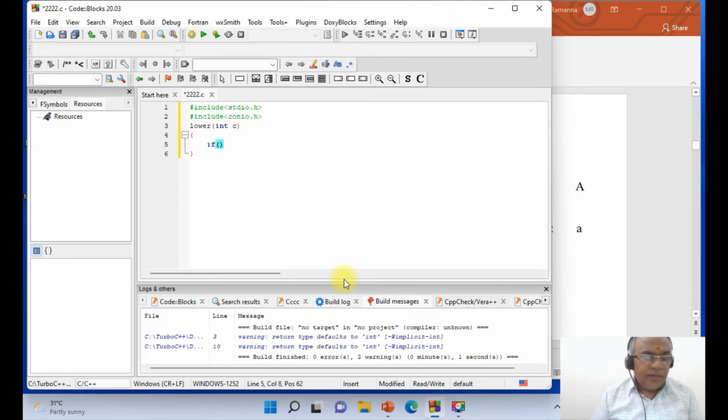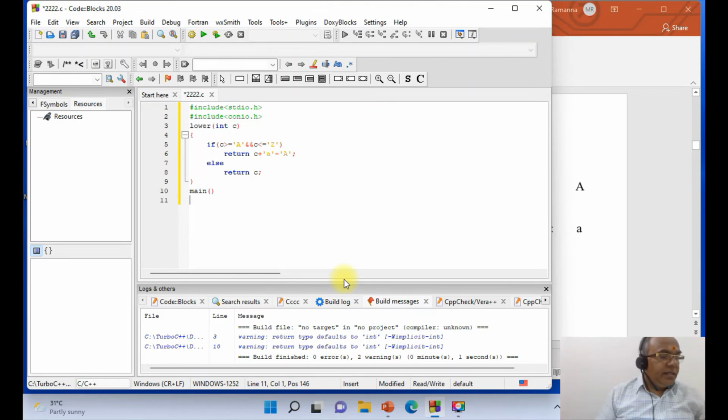Then if c is greater than or equal to character capital A and also c is less than or equal to capital letter Z, if these two conditions are true, then return c plus character small a minus character capital A. Else it should return the value of the small letter c only. Then close it.